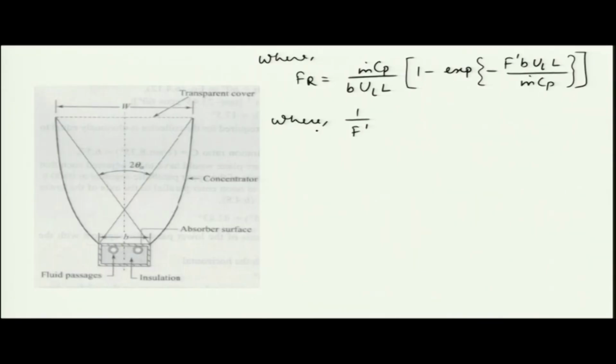This collector efficiency factor can be expressed as 1 over F prime is equal to 1 over UL multiplied by 1 over UL plus B divided by N pi D I hf.